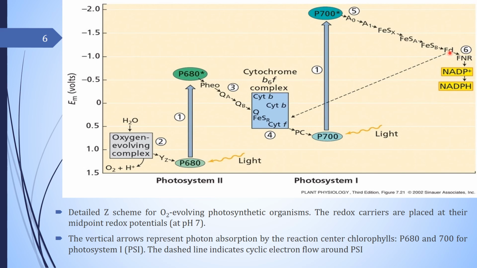In this cyclic manner, more ATP is produced, because the cytochrome B6F complex is involved in the removal of hydrogen ions into the lumen, causing an accumulation of hydrogen ions in the lumen and a proton gradient, which is utilized by ATP synthase for the formation of ATP.